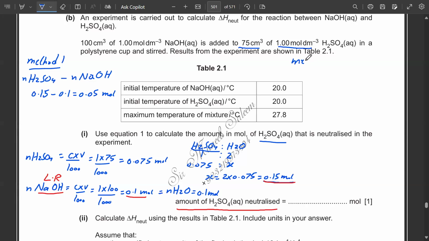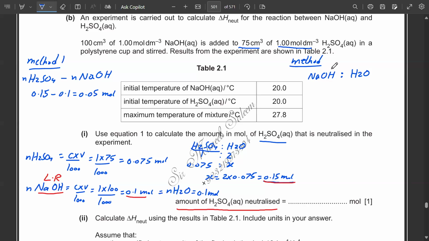Now method 2. Since we also had the values of the water moles when compared with the acid and with the base separately, I can also say that the amount of H2SO4 neutralized is basically taken from the NaOH, because NaOH was the limiting reagent that is consumed first.